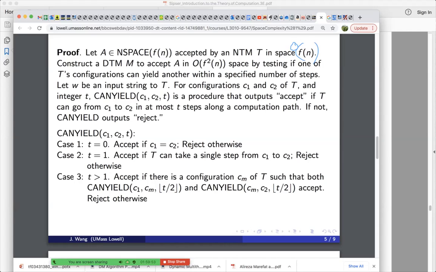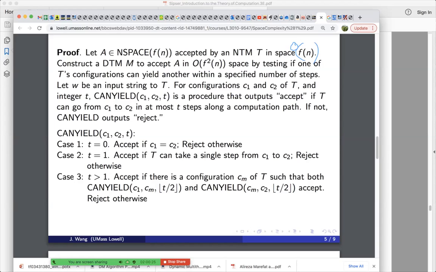These are the cases we consider as the base case. So when t is equal to 0, that means that C1 is equal to C2 because you don't need any step. So C1 and C2 should be the same. So if they are the same, then accept, otherwise reject when t is equal to 0.